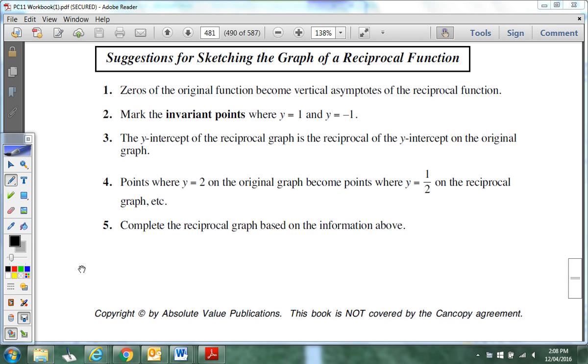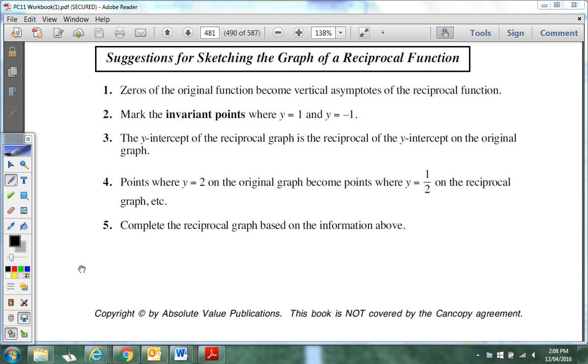All right, suggestions for sketching the graph of a reciprocal function. I use this. I go through this. It helps me graph accurately, and it gives you really good landmarks. Zeros of the original function become the vertical asymptotes of the reciprocal. So right away, I put my dotted lines where the zeros are. We learned in factoring and quadratics how to find the zeros like crazy, so we should know that.